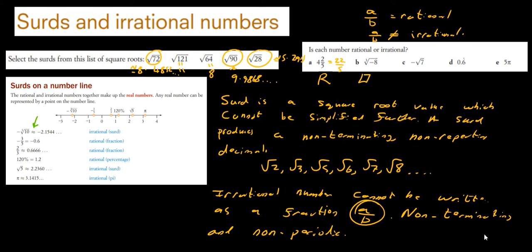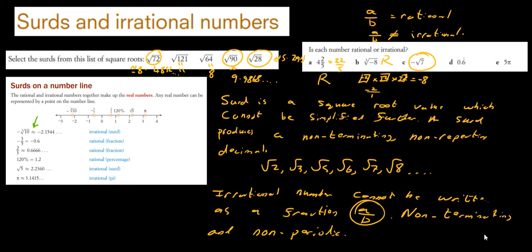Okay, so this can be written as 22 over 5, so it's definitely rational. So we need three of the same numbers to give -8. So those numbers are -2. So -2 can be written as -2 over 1. So this is definitely rational.